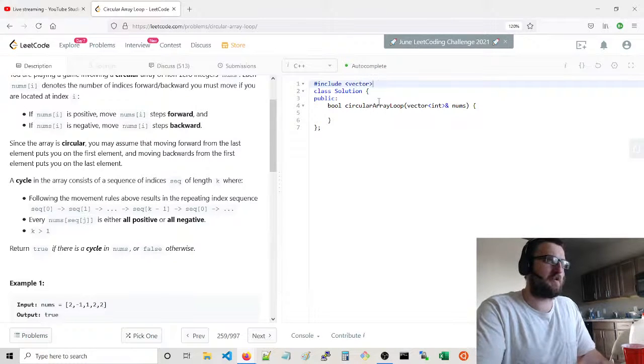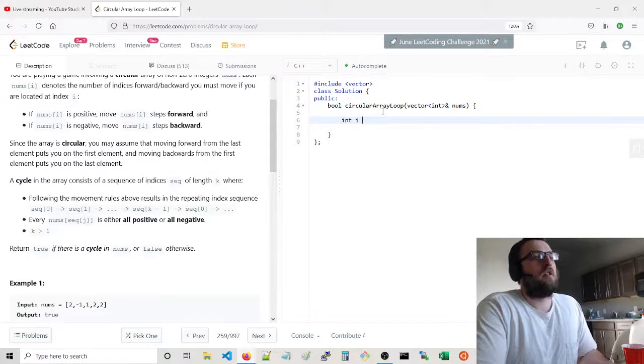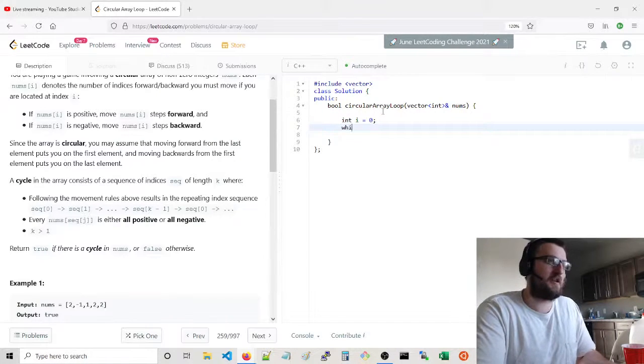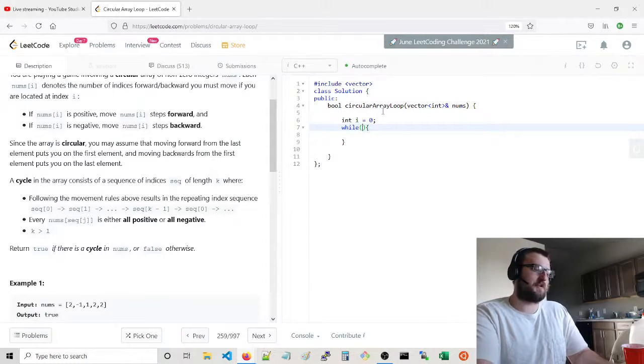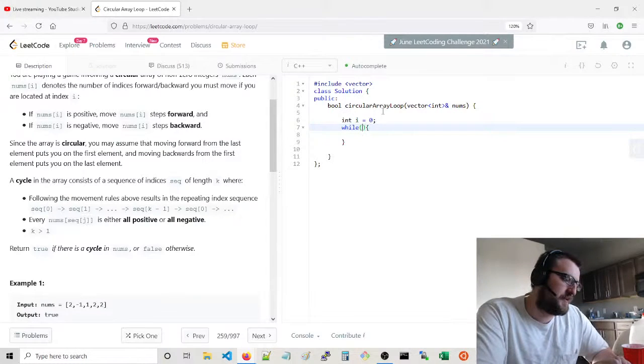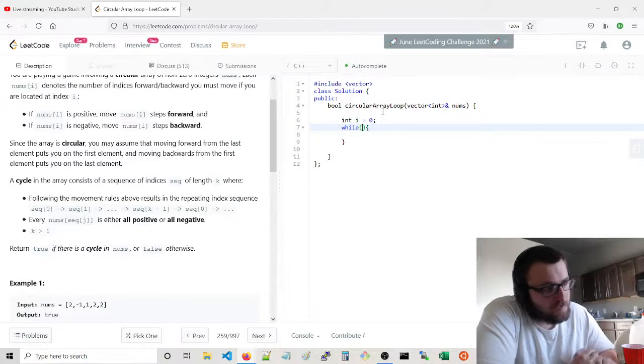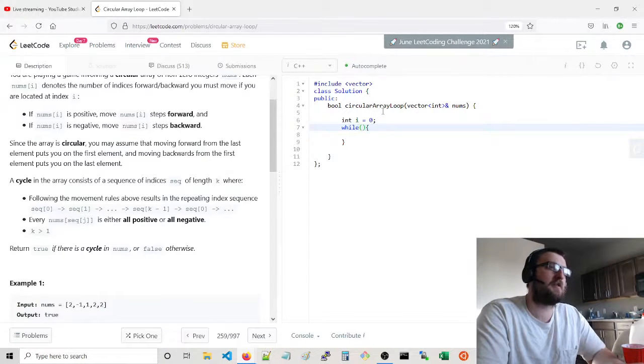So let's see if we can do this. We're going to say int i, and there are some conditions here. There's a true, there's a false. While i is less than nums.size, something like this, and ultimately return false.